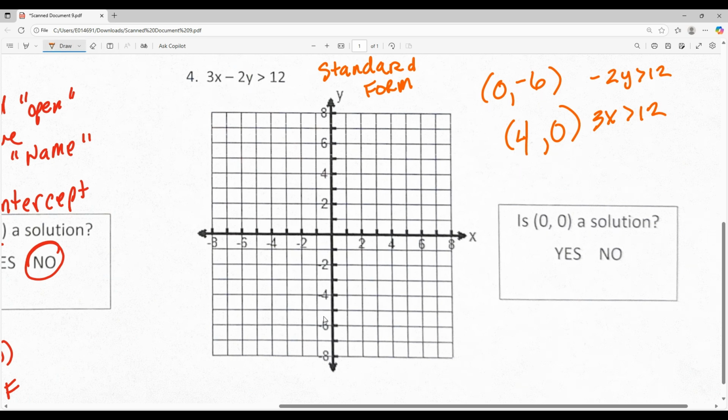So we're going to plot those 2 points. So we got 0, negative 6, and 4, 0. And our line is dotted. And we're going to talk about above or below in just a moment, because this is definitely a special case.